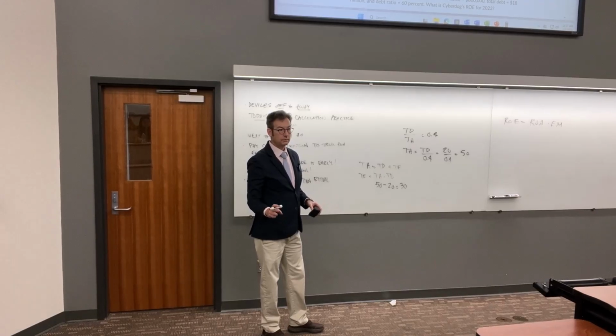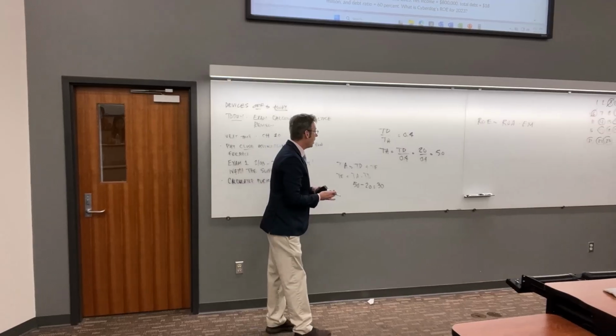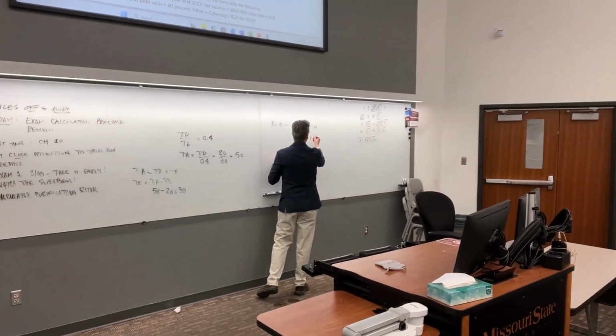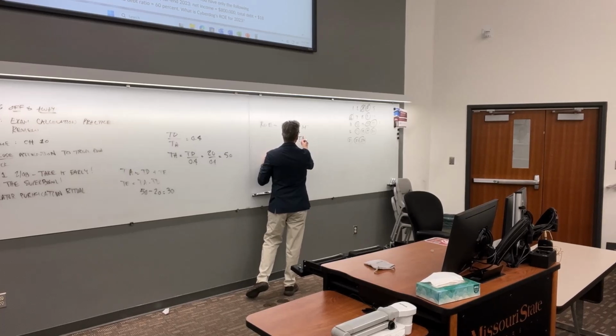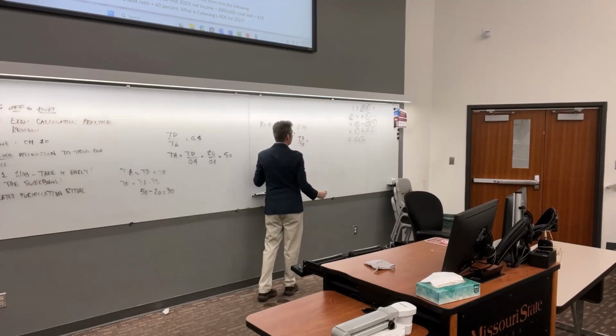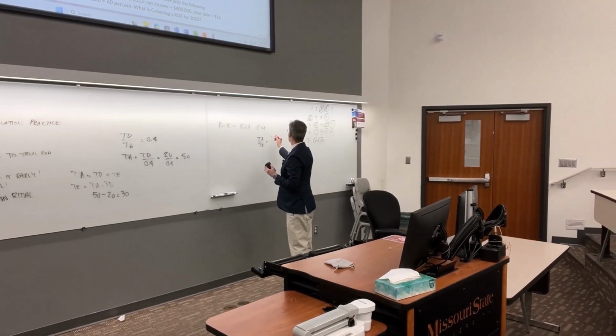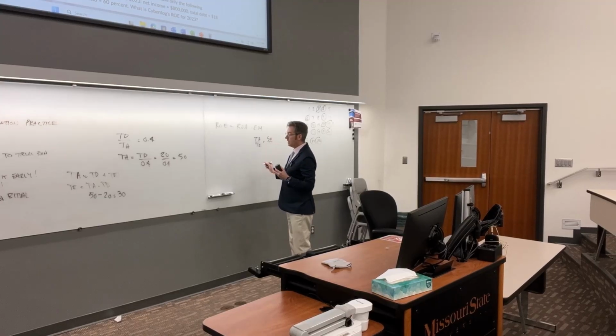Does that make sense? Okay, now all we have to do to get our equity multiplier, we know it is total assets over total equity. And therefore it is, in this case, 50 divided by 30.